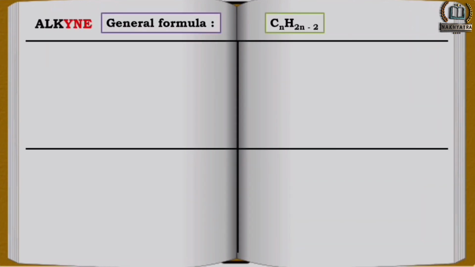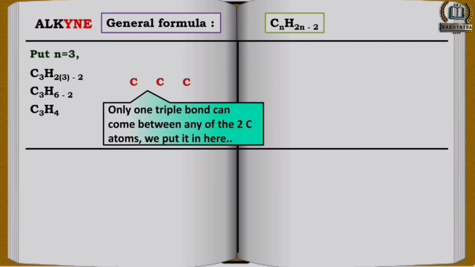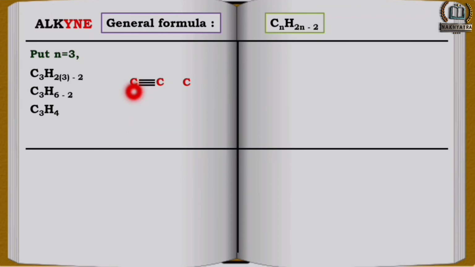Next we will see by putting the value for n equal to 3 in the formula. So we will get C3H4. Now try to draw the structure. Only a triple bond can come between any two of the carbon atoms. So we will put the triple bond between these two carbon atoms.